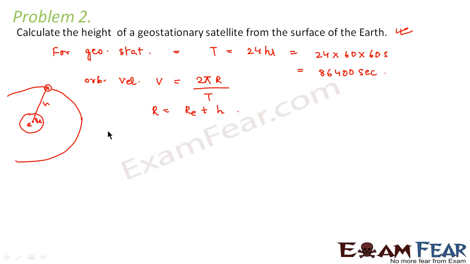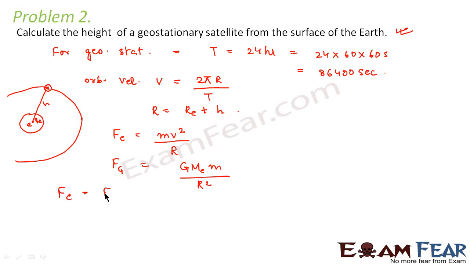Correct? Now, since it is moving in a circular path, we will use the same funda. That is, there is a centripetal force which will be acting, which will be equal to mv square divided by r. And that r will be nothing but capital R. Similarly, there would be a force of gravitation between the Earth and the satellite, and that will be G into me into m divided by r square. Now, since it is moving in a stable orbit, therefore, these two forces should balance each other.